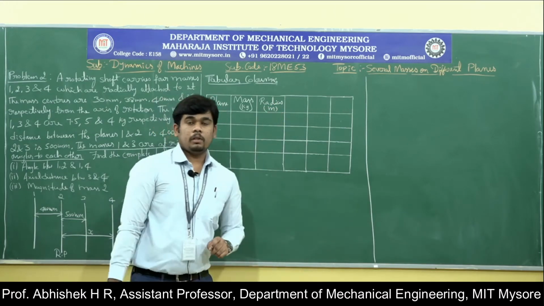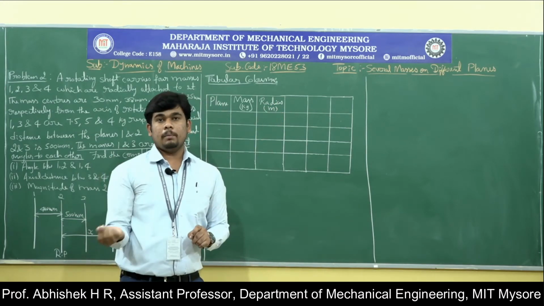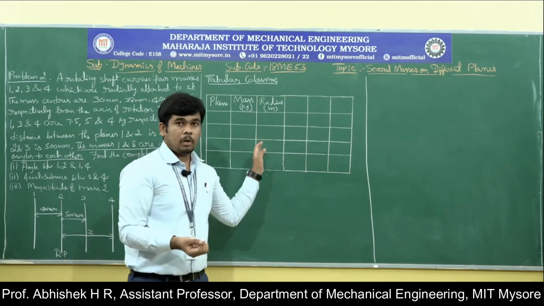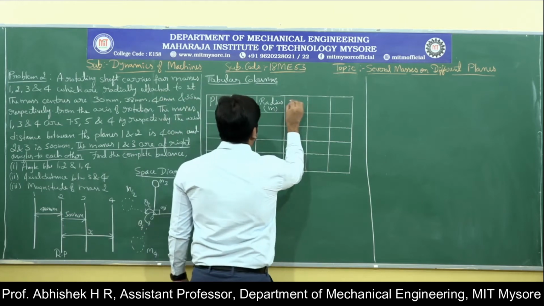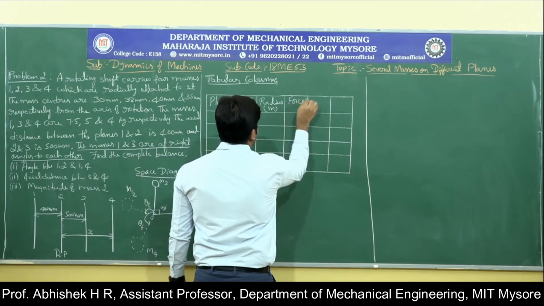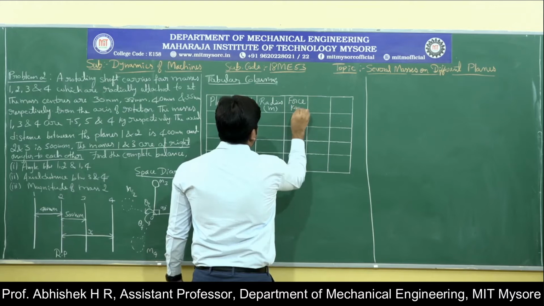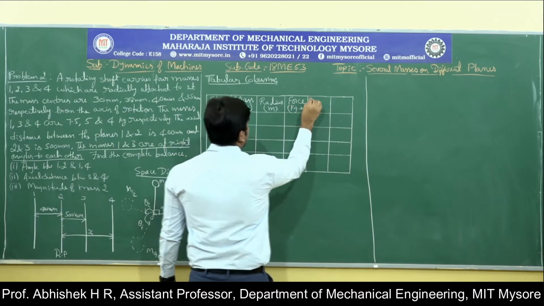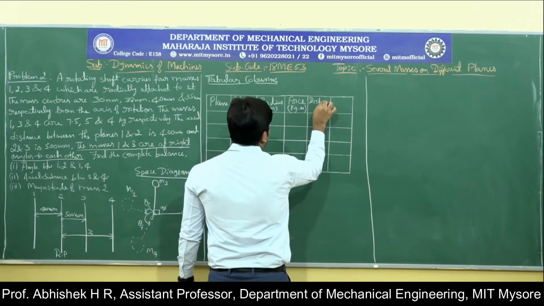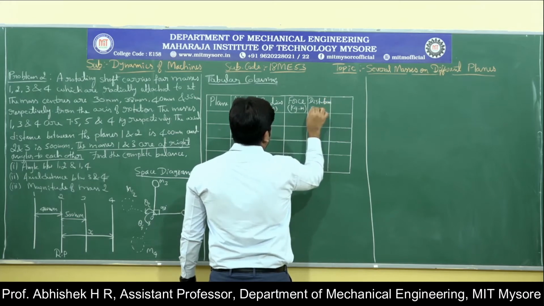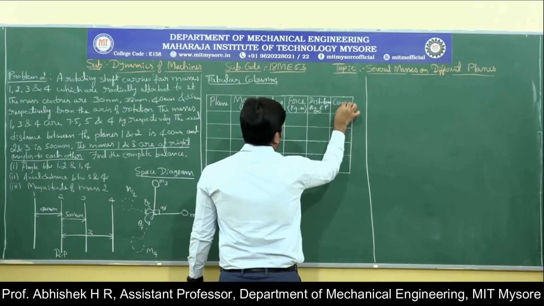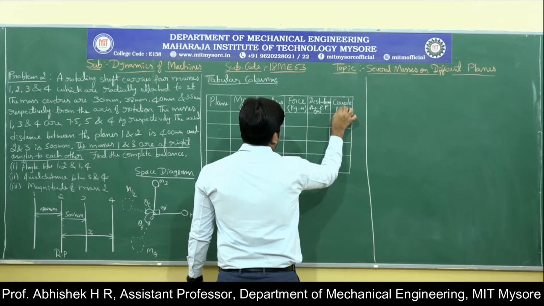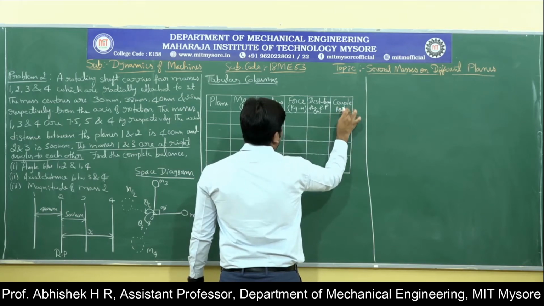The radius of rotation is given in mm in the problem statement, but while entering it in the tabular column we should convert it into meter. Then force in kg meter, then distance from the reference plane in meter, then couple, force into distance, in kg meter square.